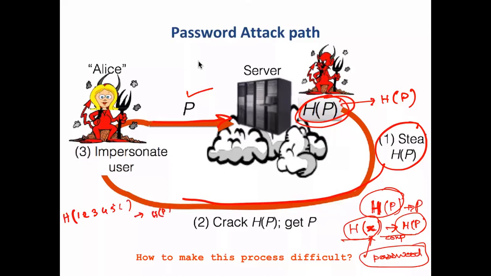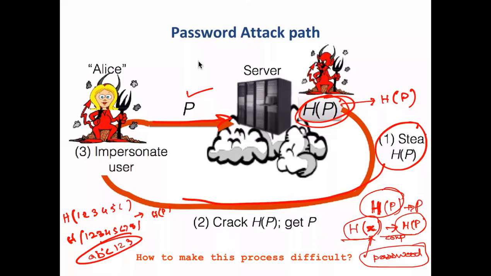If not, Alice is smarter, maybe she has 1, 2, 3, 4, 5, 6, 7, 8, and again they will check, or maybe ABC123, etc. So these combinations are known to cyber criminals also. They have already created a list of hashes of this kind of passwords, and then the matching is quite simple.